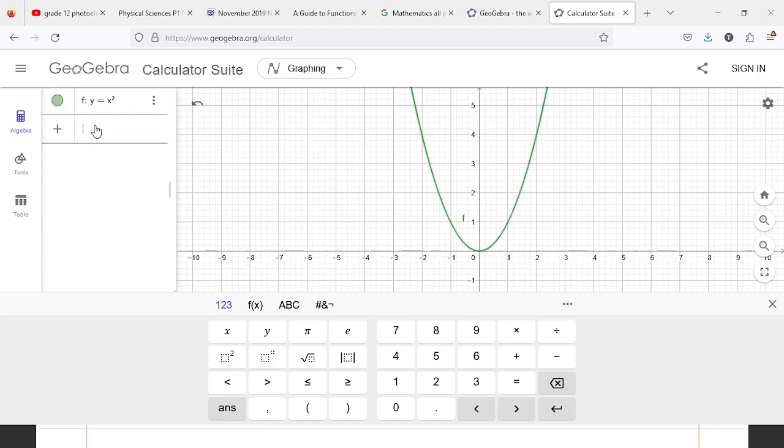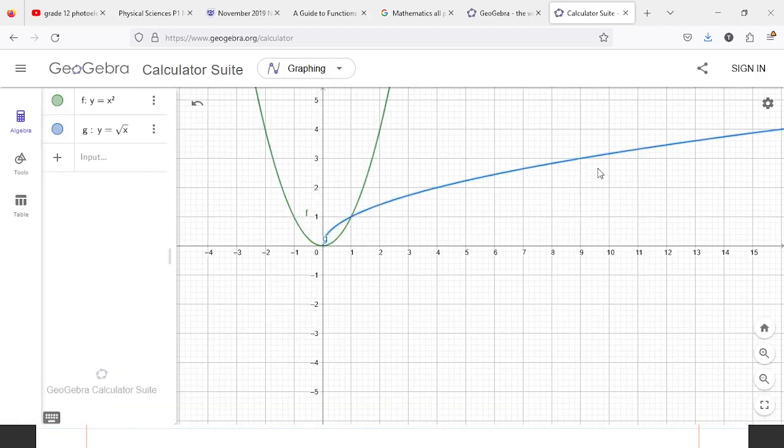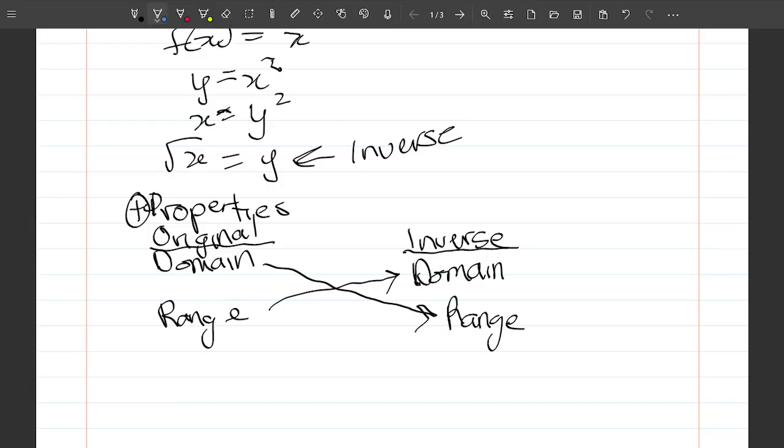So instead of us having y equals x squared, instead we're going to have y equals square root of x. And there we go. So now we have something like this. You're probably like, isn't it supposed to be a parabola going this way? Yes, but this is due to something that they call the domain restriction, which I'm going to explain to you in a bit.